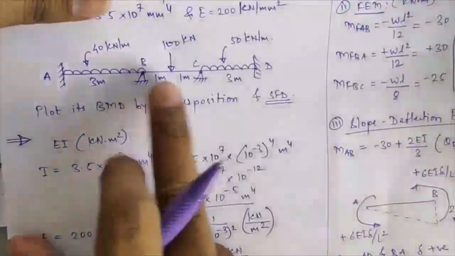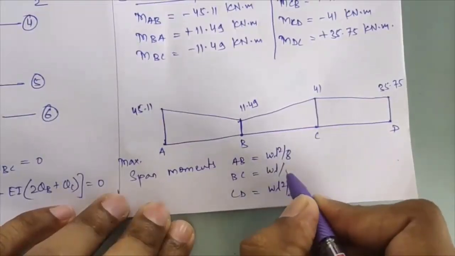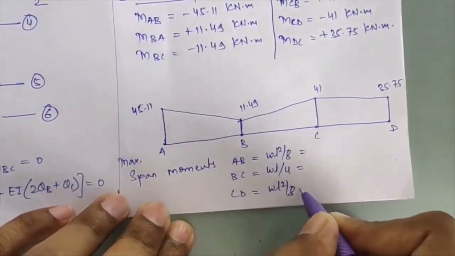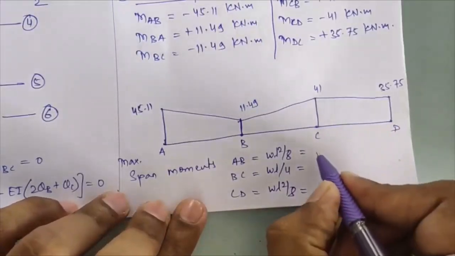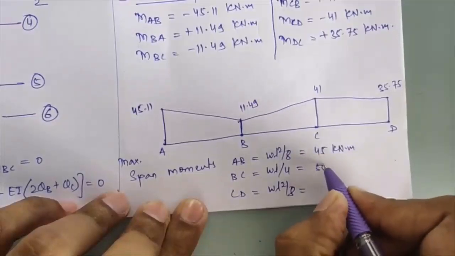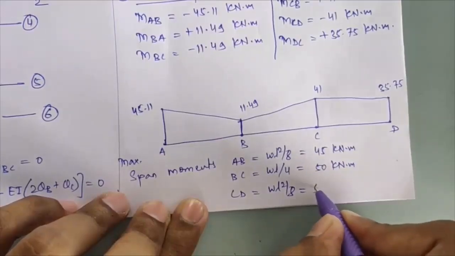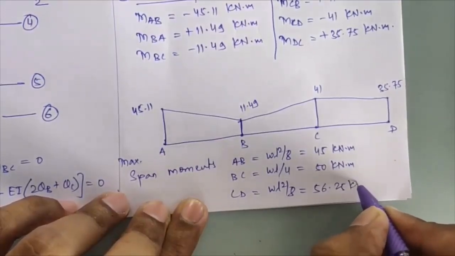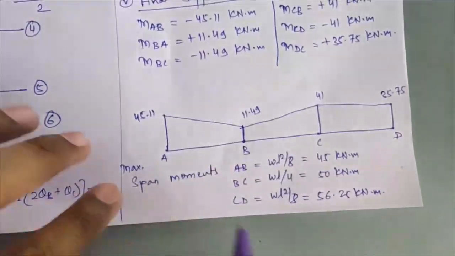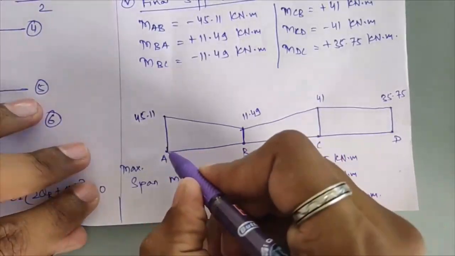And in span BC there is a point load loaded at the center, so that becomes equal to direct WL divided by 4 over there. So if you calculate this value, I have got this as 45 kilonewton meter, this I have got as 50 kilonewton meter, and this is a 56.25 kilonewton meter.